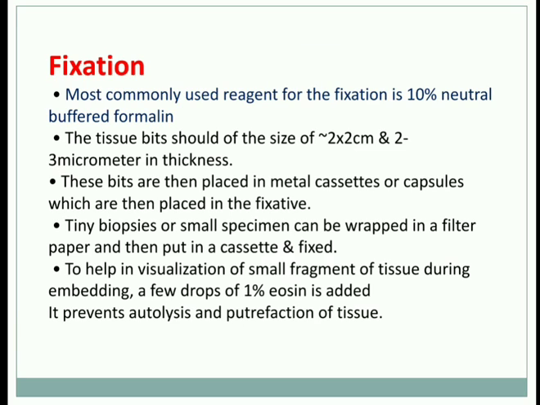These bits are then placed in a metal cassette or capsule, which is then placed in the fixative. For tiny biopsies or small specimens, they are wrapped in filter paper and put in the cassette and fixed. To help in visualization of small fragments of tissue during embedding, a few drops of 1% eosin is added. Fixation prevents autolysis and putrefaction of the tissues.